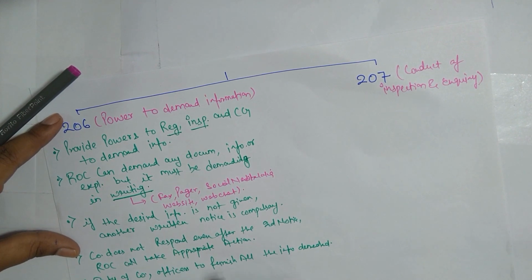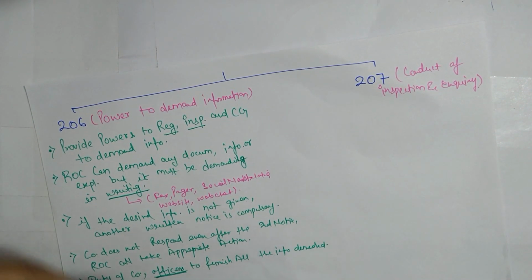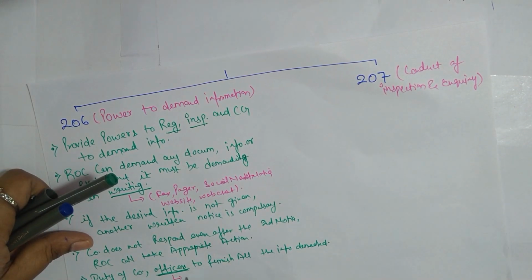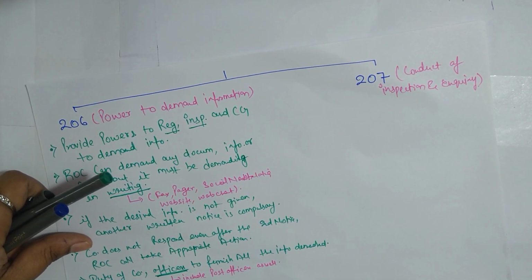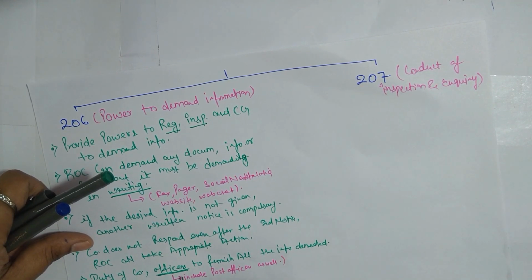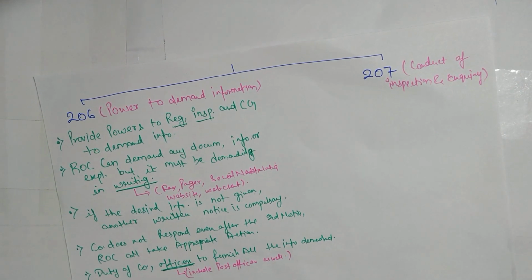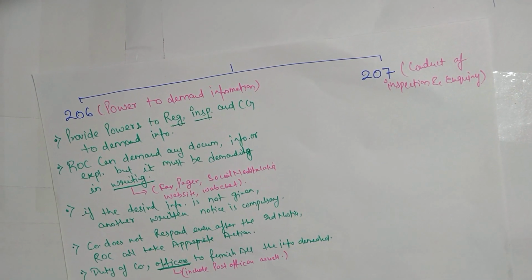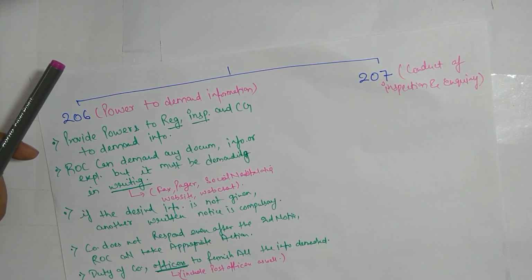This is the most important thing: officers include past officers as well. Present officers are already included, but past ones too, which means if the matter is related to a person who has already vacated his office, he will also have to provide necessary information after vacating.